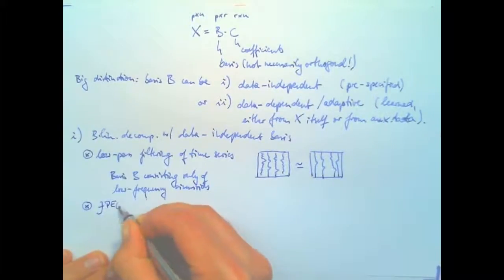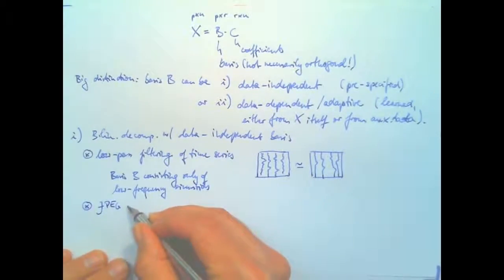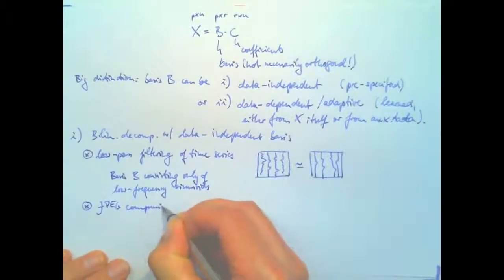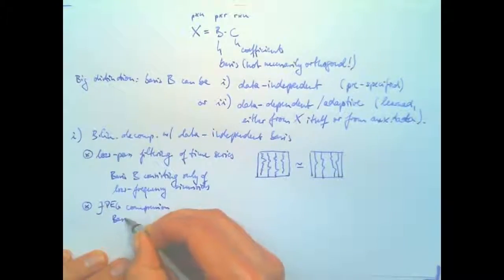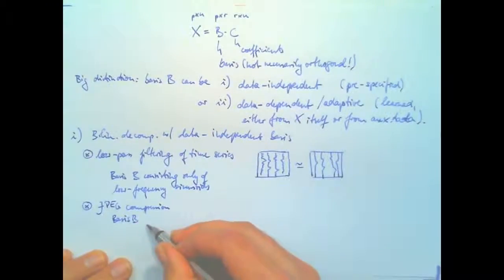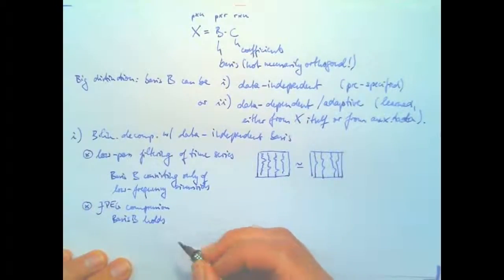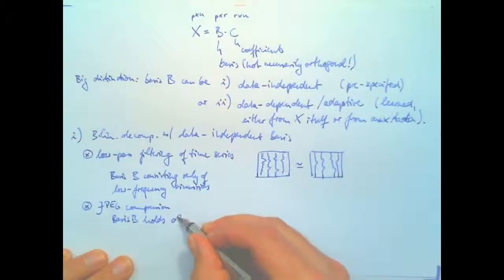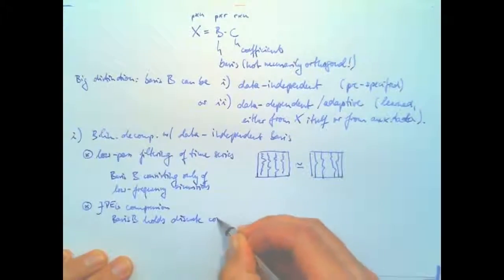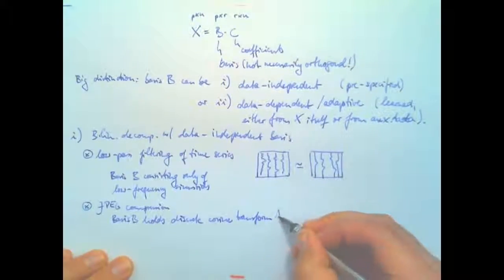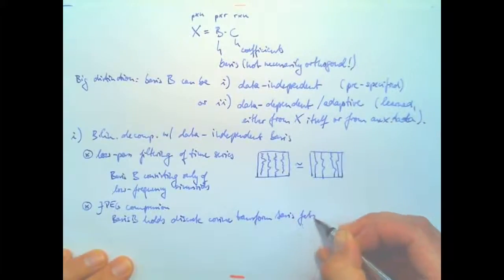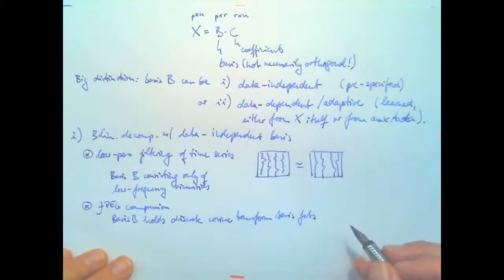Another example is JPEG compression, which is very important for all of us taking pictures. In this case, the basis B holds the basis functions of the discrete cosine transform. And these discrete cosine transform basis functions are just cosines.